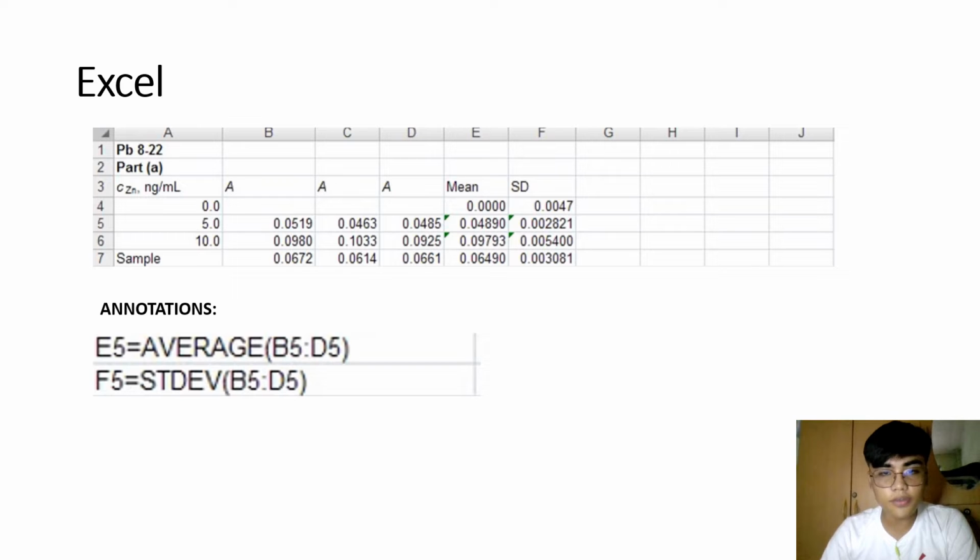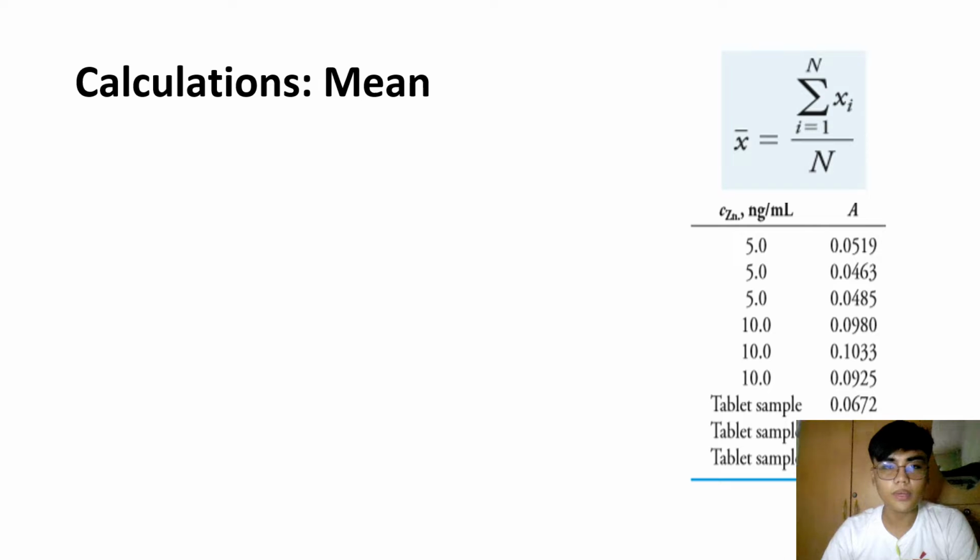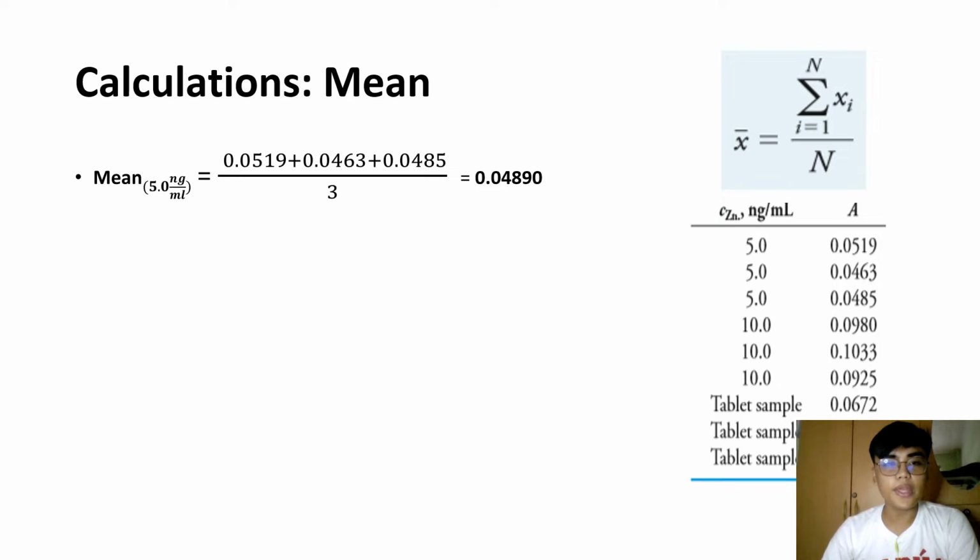The yields for the mean 0.04890 and for the standard deviation 0.002821. And the overall sample mean is 0.06490 and the overall standard deviation is 0.003081.